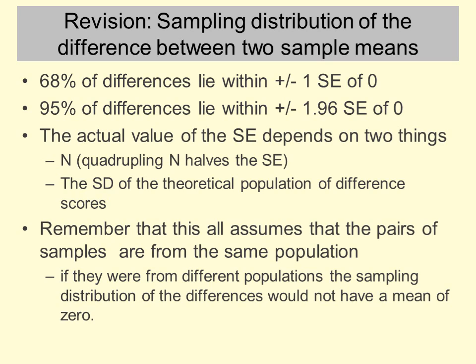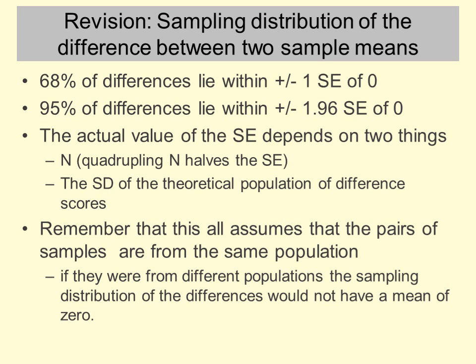Remember that the standard error is the standard deviation of a sampling distribution. And given the properties of normal distributions, which you can remind yourself of by looking back at the diagram of the standard normal distribution from a couple of lectures ago, 95% of differences between pairs of sample means will lie within plus or minus 1.96 standard errors of 0.